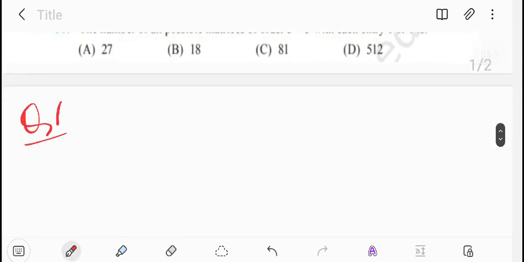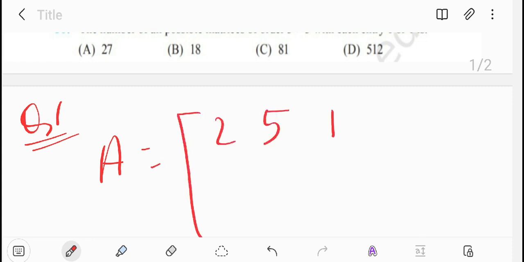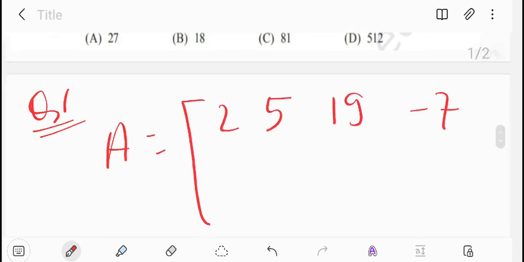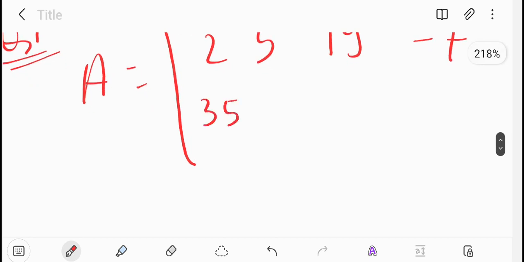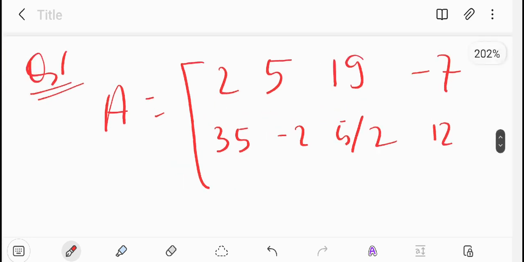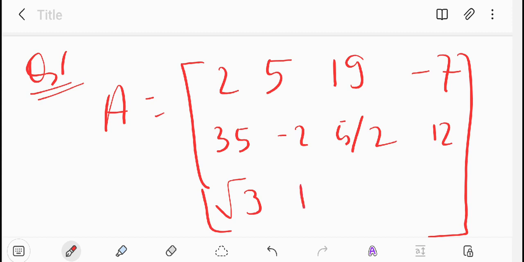Yes, so we are discussing question number 1, part A. The matrix which we are given here is 2, 5, 19, minus 7; 35, minus 2, 5 by 2, 12; root 3, 1, minus 5 and 17.